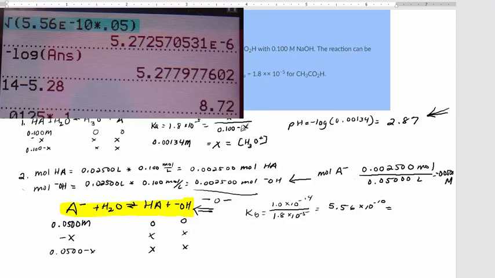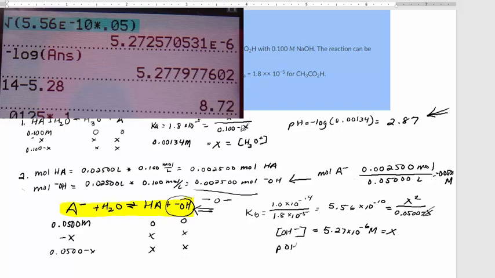Now that's going to be equal to my concentrations at equilibrium, so I'm going to use x squared over 0.05 minus x. Now I can simplify this, solve for x, and I get an x value of 5.27 times 10 to the negative 6. Now that's capital M molar, and this x value is going to be the concentration of the hydroxide ion.